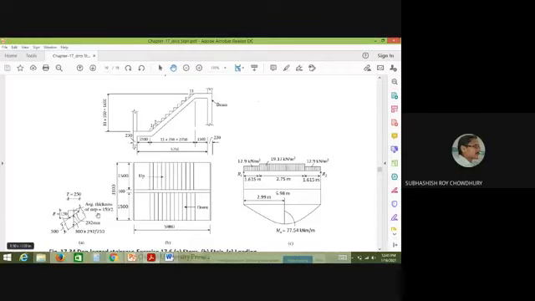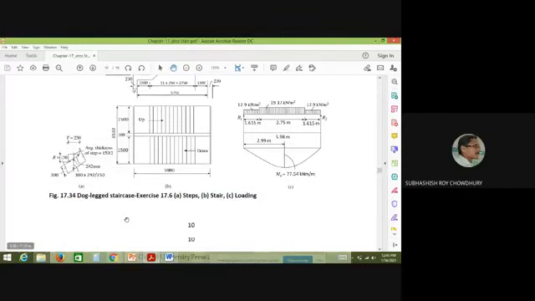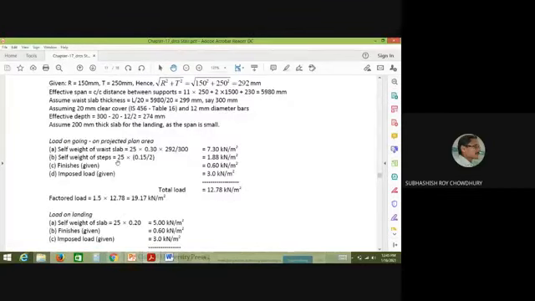So you should divide it by 0.25. So ultimately it will be 0.15 into 25, and that has been done here, 0.15 into 25, and it is divided by 2. That half is obviously there. So the self-weight of steps is half into 0.15 into 0.25 into 1, into 25, divided by 0.25.